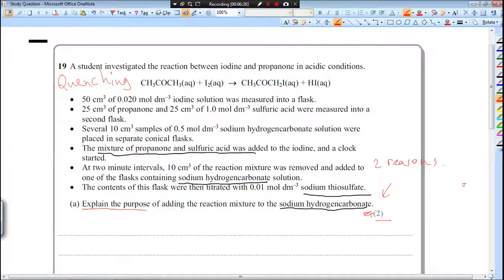Let us look at the first reason. The first reason is to quench the reaction completely. So this is reason number 1, to quench the reaction completely.